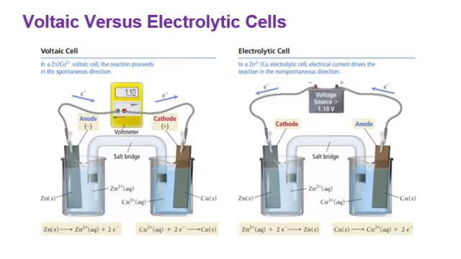Now, the differences between a voltaic versus an electrolytic cell are very important to consider for the exam. A voltaic cell converts chemical energy into electrical energy. That redox reaction is spontaneous. The anode is negative, and the cathode is positive.